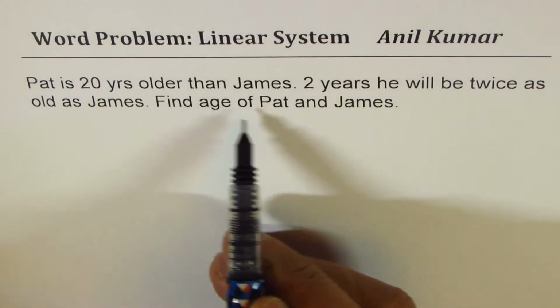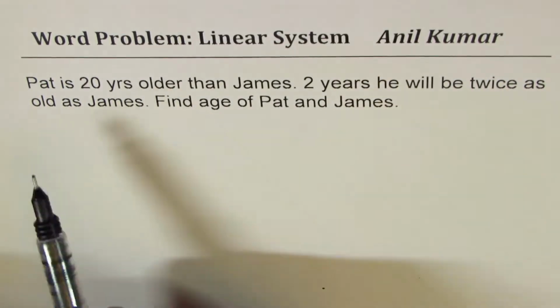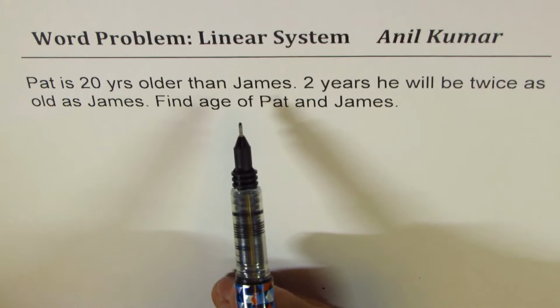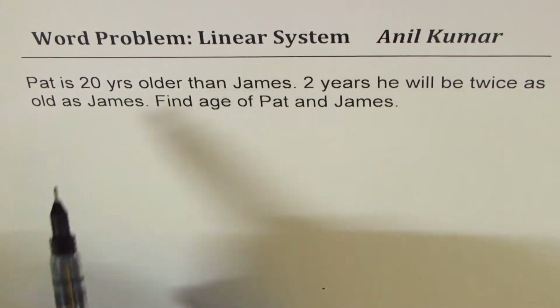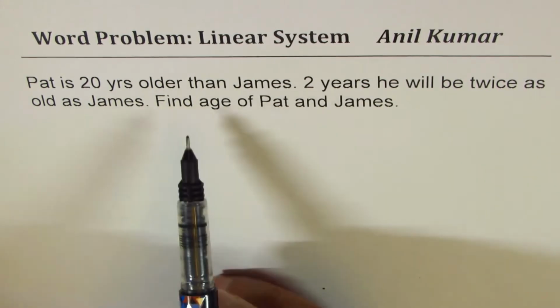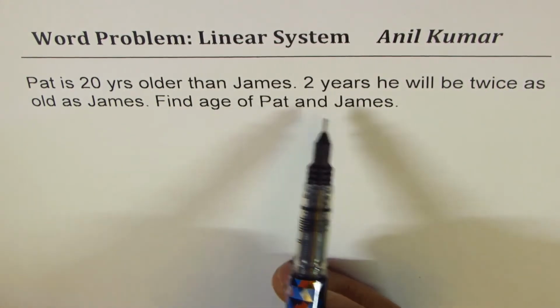So here, this is an example of linear systems. From the given statements, we can make equations and then solve them, correct? So the first step is to define variables. We want to find the age of Pat and James.